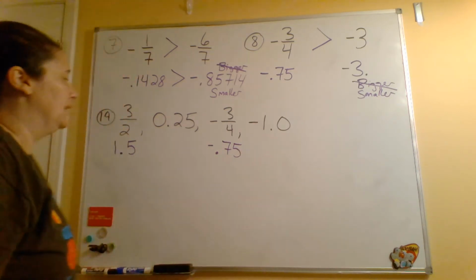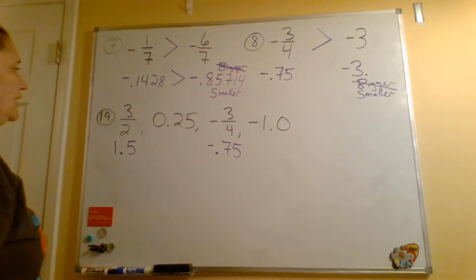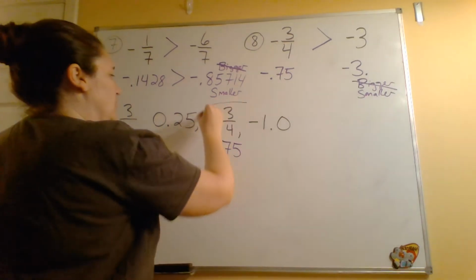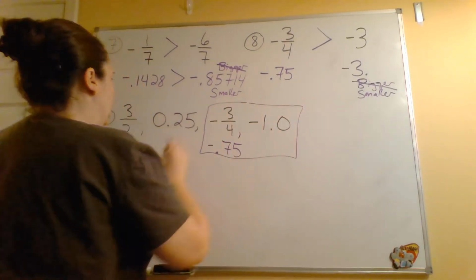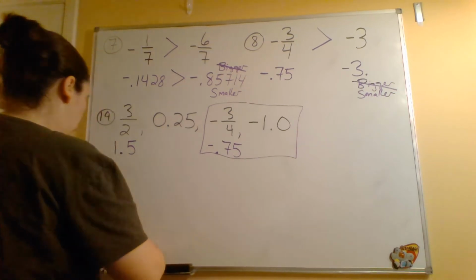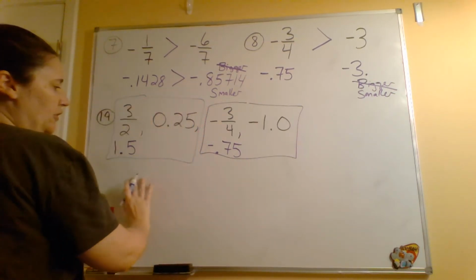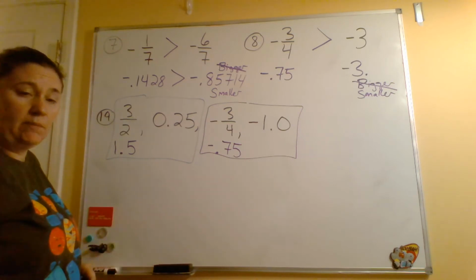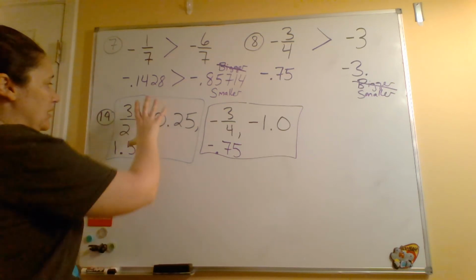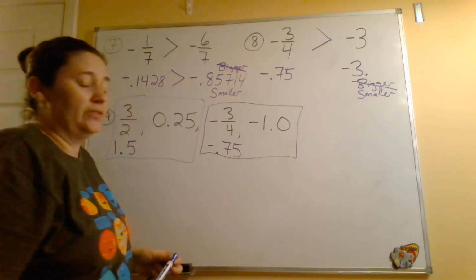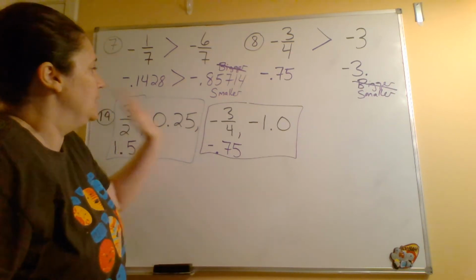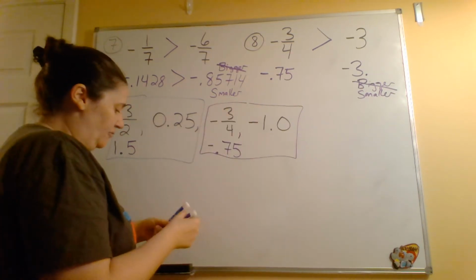And that is already a decimal. We've got 2 negatives, and then we've got 2 positives. So why don't we order the negative numbers first? Because negative numbers are always smaller than positive numbers. Then the positive numbers we'll put on the right.